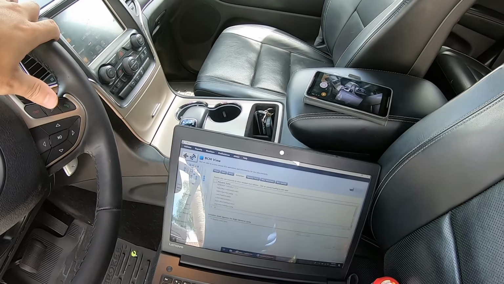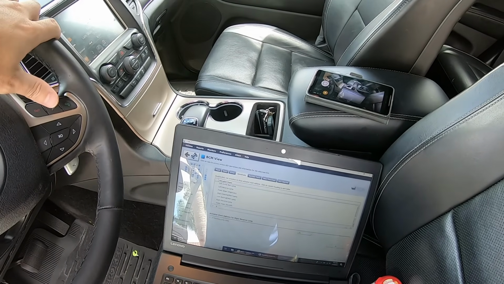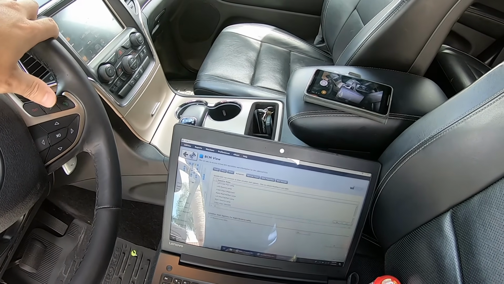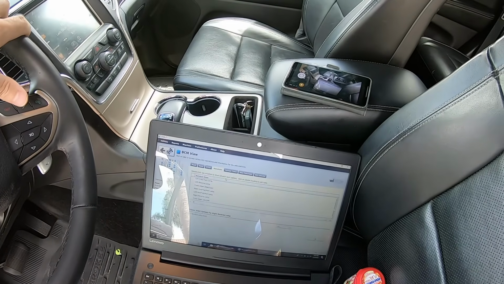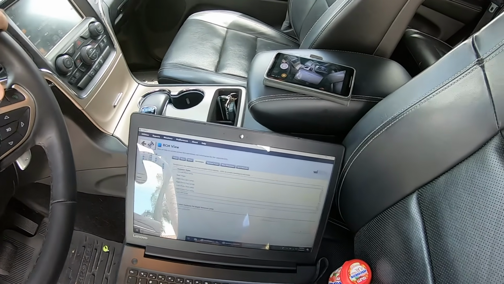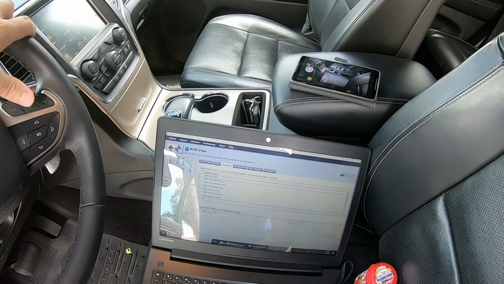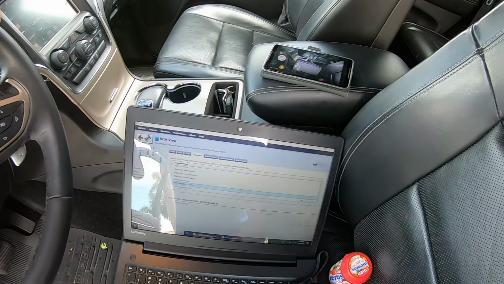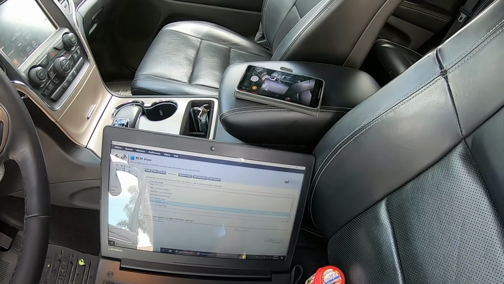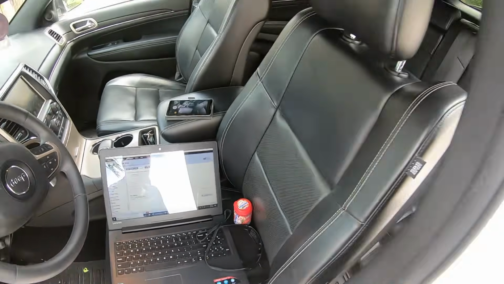Is there a second one? Right reverse lamp number 2. I didn't even know there was a right reverse lamp number 2. Let's turn that on and see what happens.